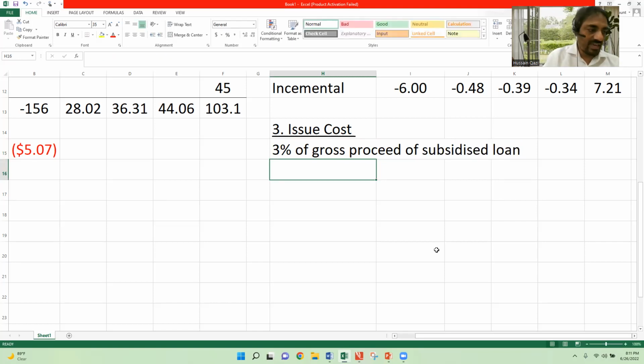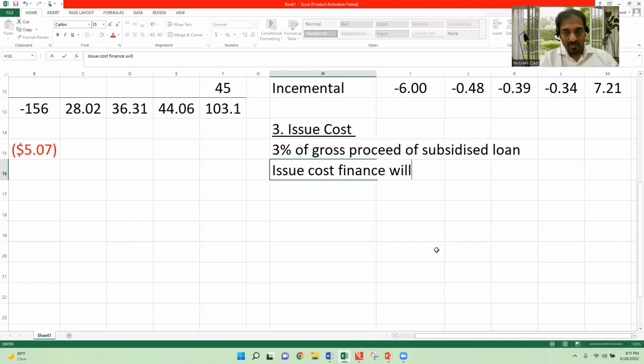Number two, we have taken an assumption that the issue cost finance will be arranged from an internal source of finance.